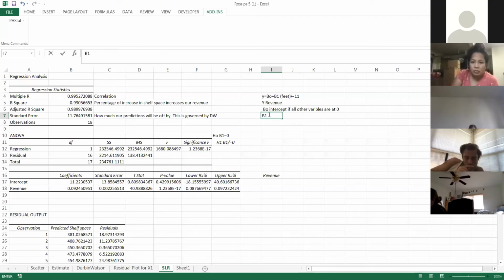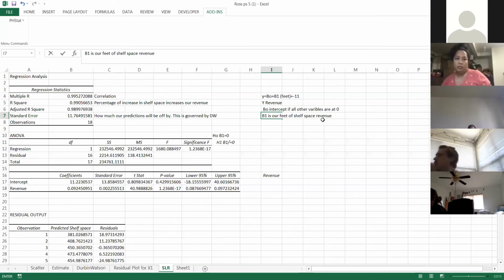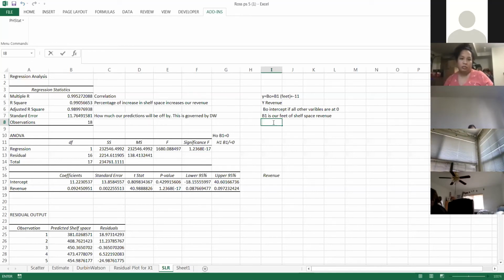Our B1 is our square feet, so it's our feet of shelf space, the revenue per square foot. How much money do we make per square foot? And our standard error is how much we will be off by. Okay.